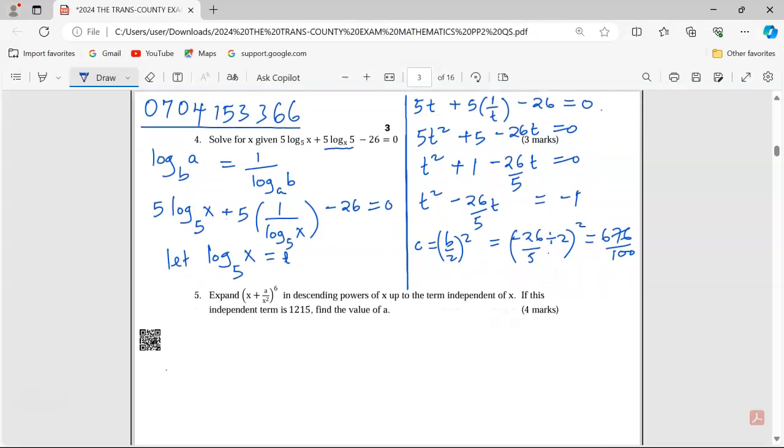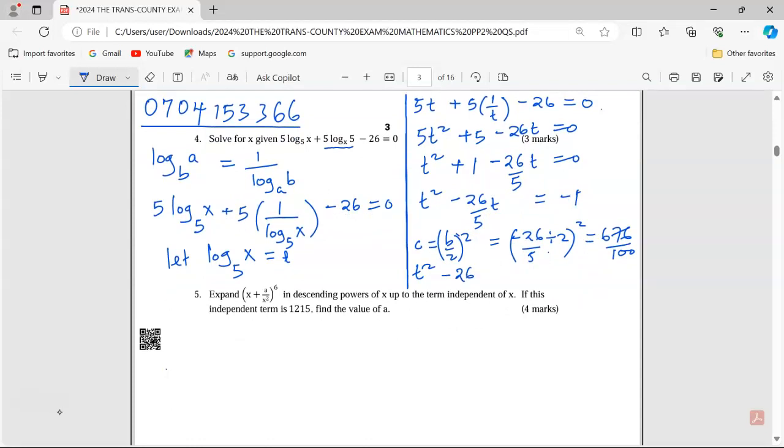So in this equation now, I'll be having t squared minus 26 over 5 t plus 676 over 100 equals negative 1 plus 676 over 100.